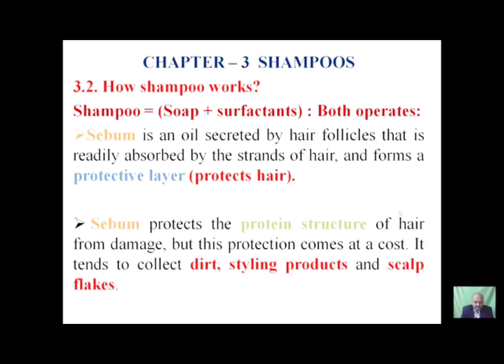And because of this oily nature, this sebum also attracts dirt from the atmosphere, styling products and scalp flakes, so the dirt accumulates on the hair shaft, and that can be removed by means of shampoo. So even though sebum is protecting the structure of the hair, shampoo will remove the dirt present on the hair shaft. This is about the work of the shampoo.